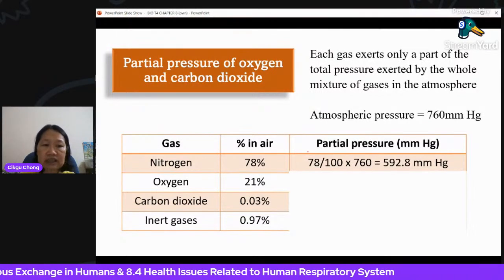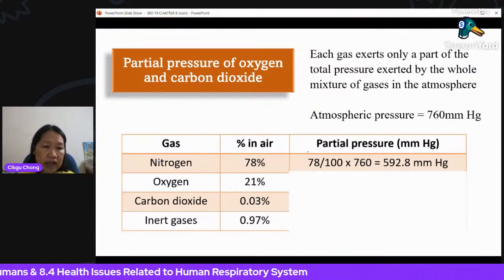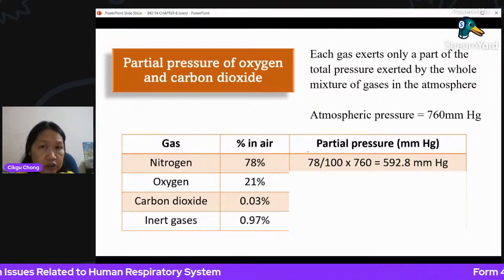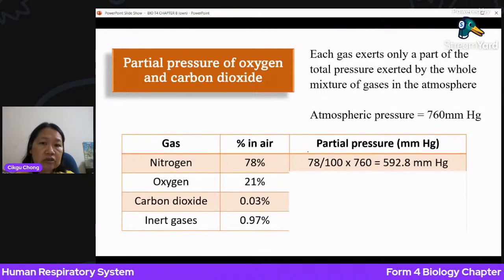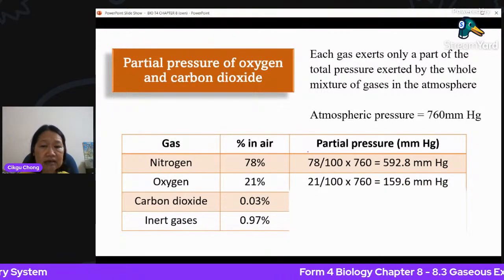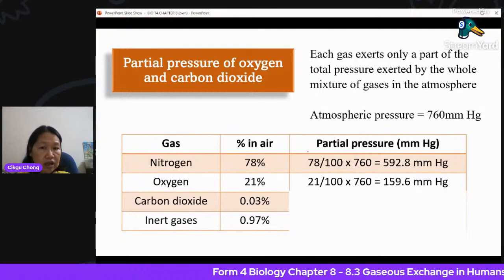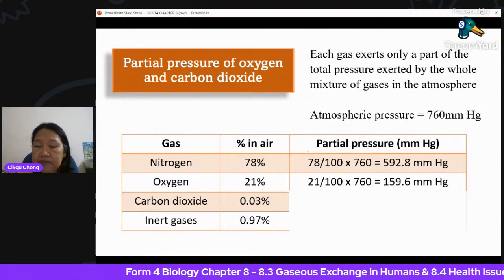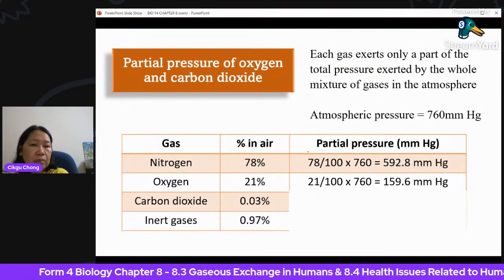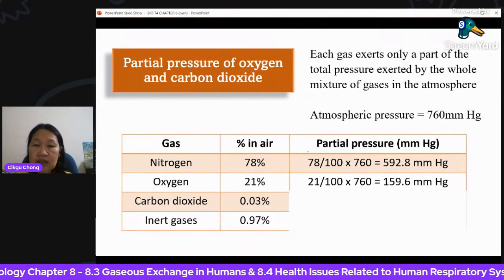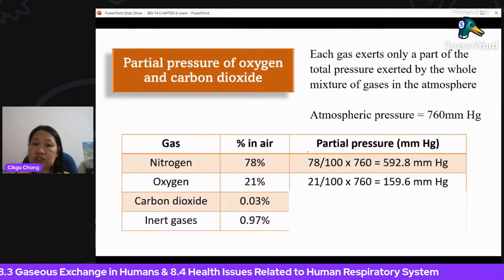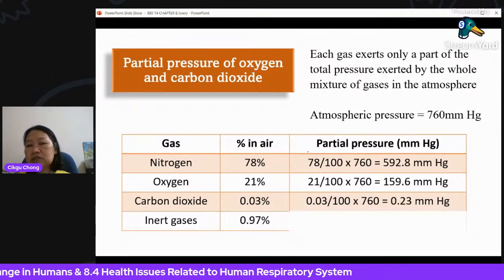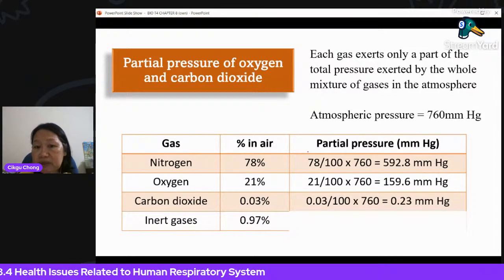You do the same for oxygen. It constitutes 21% of the air, so the partial pressure will be much less: 21 divided by 100 times 760, which is 159.6 millimeters of mercury. That is the partial pressure of oxygen. It's the same for carbon dioxide and inert gases: you multiply by the 760 millimeters.